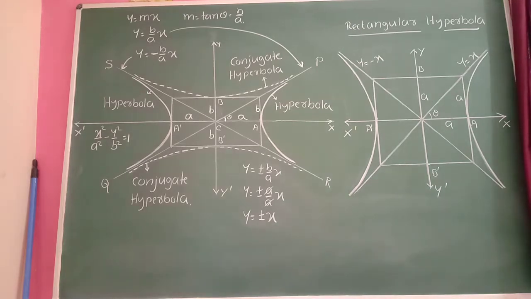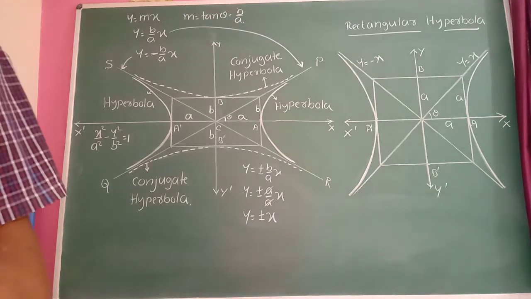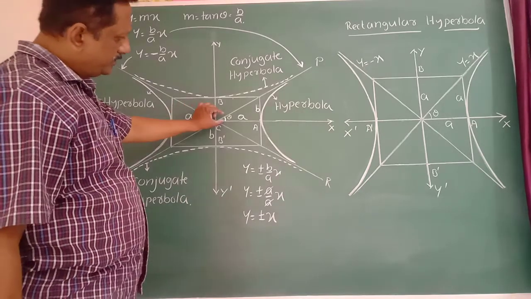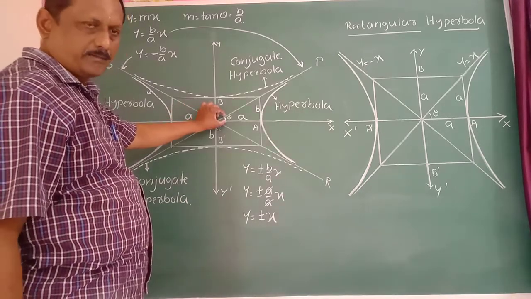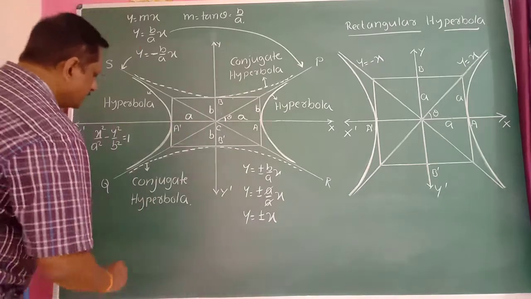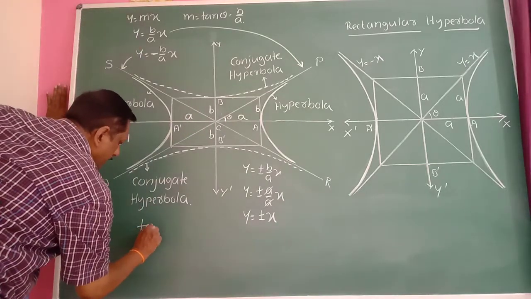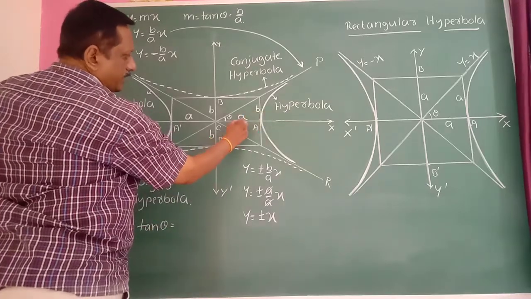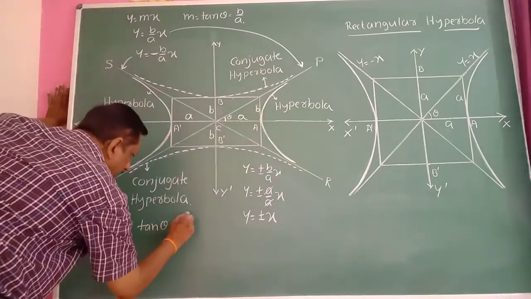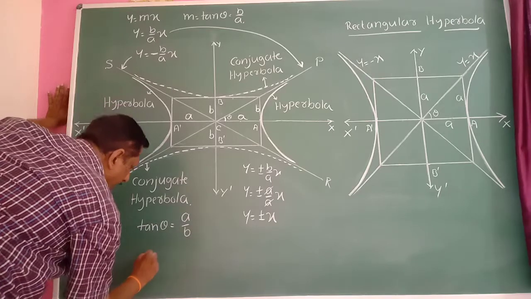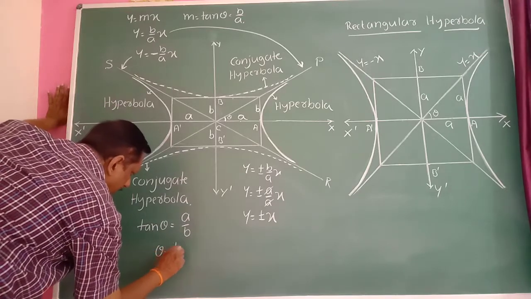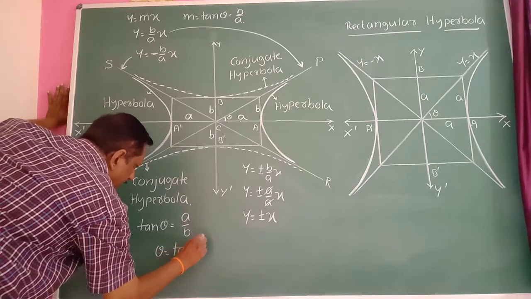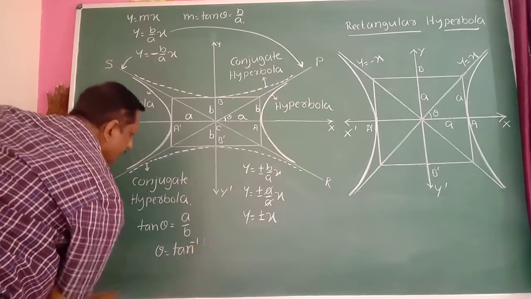Next, the angle between the asymptotes. You just observe here. Here, this angle is theta. Then tan theta is given by the opposite side divided by the adjacent side, which is a divided by b. Then theta is equal to tan inverse of a divided by b.